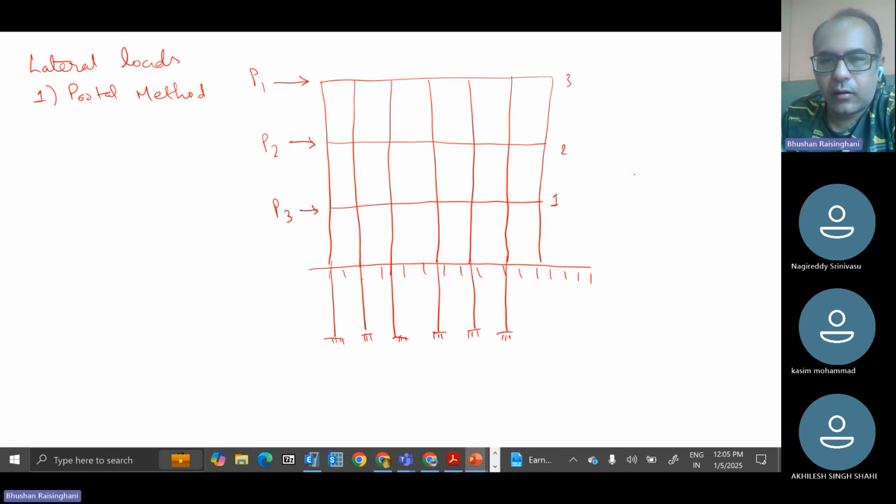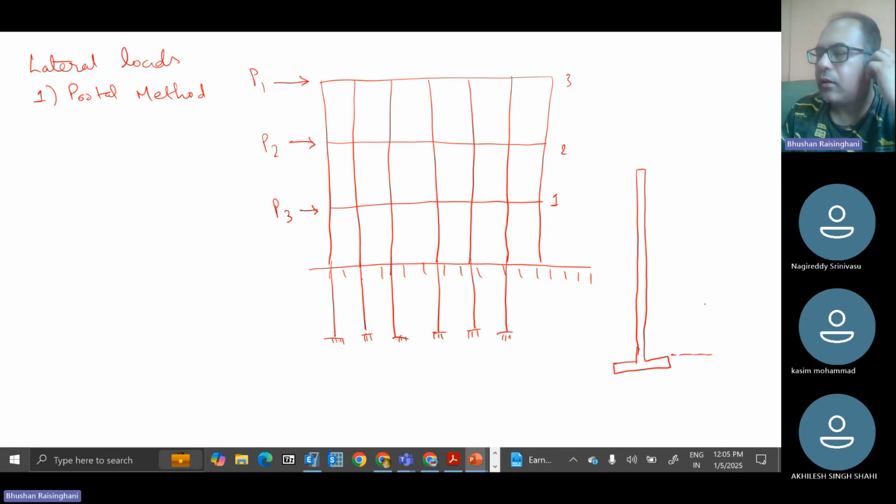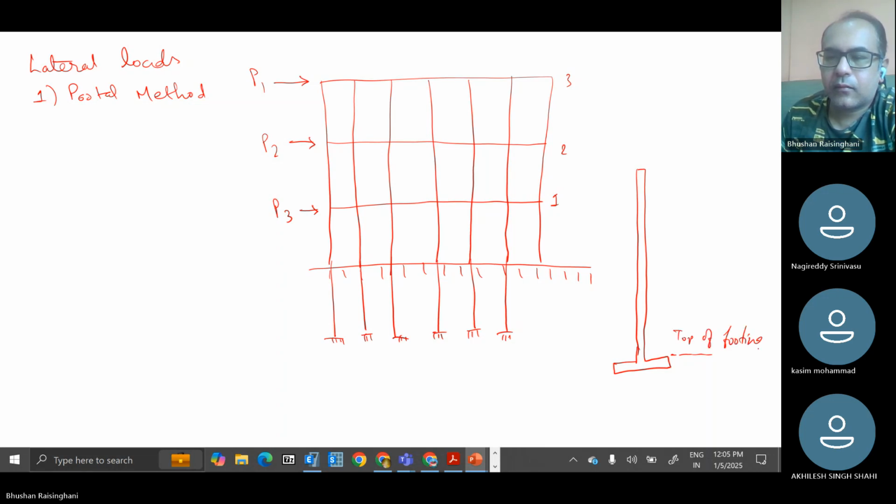Whenever your column is there, we always have to analyze up to the top of the footing. So all forces up to this level have to be considered. In lateral load also, whatever forces have been applied like this, all values up to the top of footing have to be estimated.